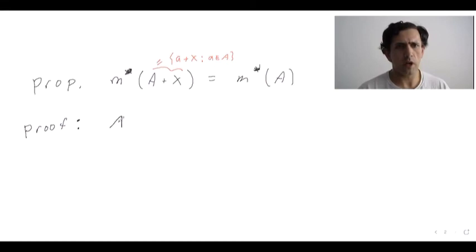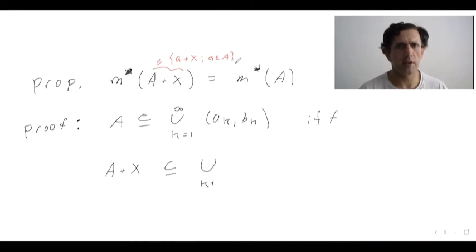Okay, so given any subset A of the real line, we have A is covered by these intervals if and only if A plus x is a subset of, just move these intervals by x.